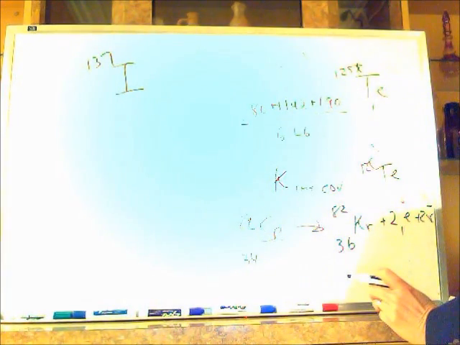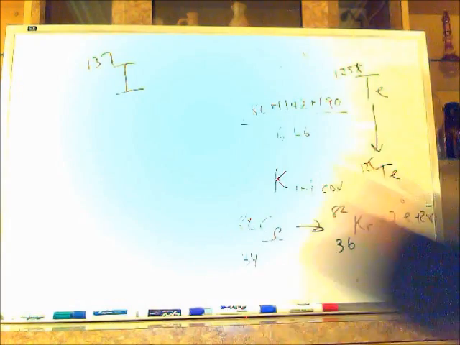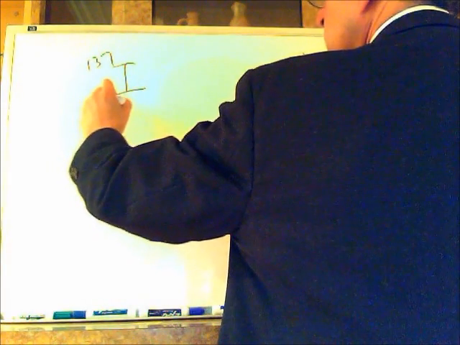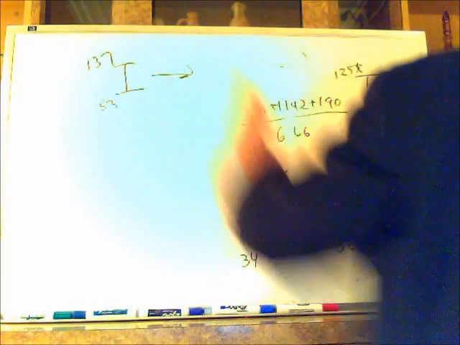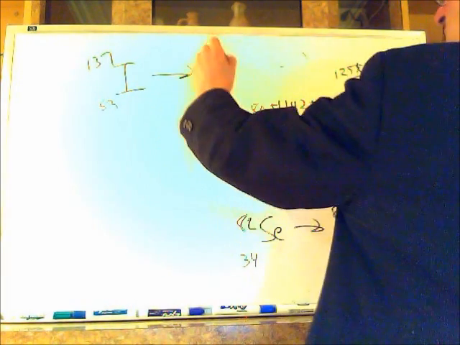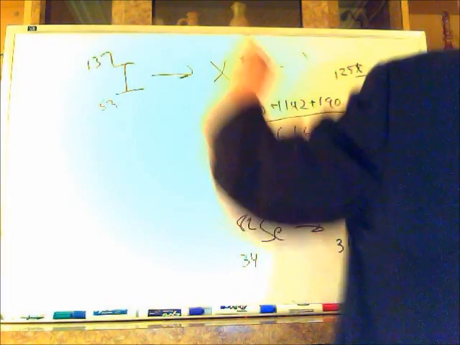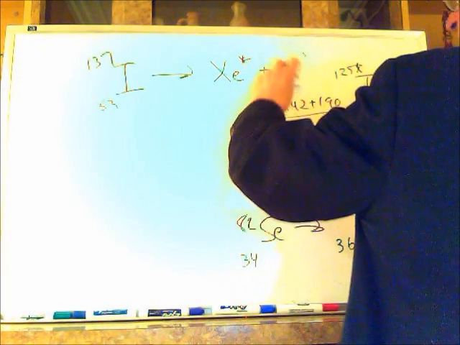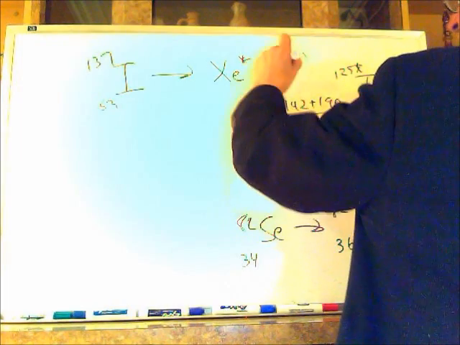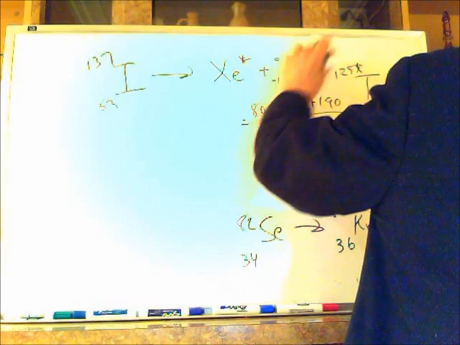This is 53. Well, you can write it as a single equation, but as your book points out, you might want to write it like this. The first thing that happens is it goes to an excited state of xenon, producing a beta particle and an antineutrino.